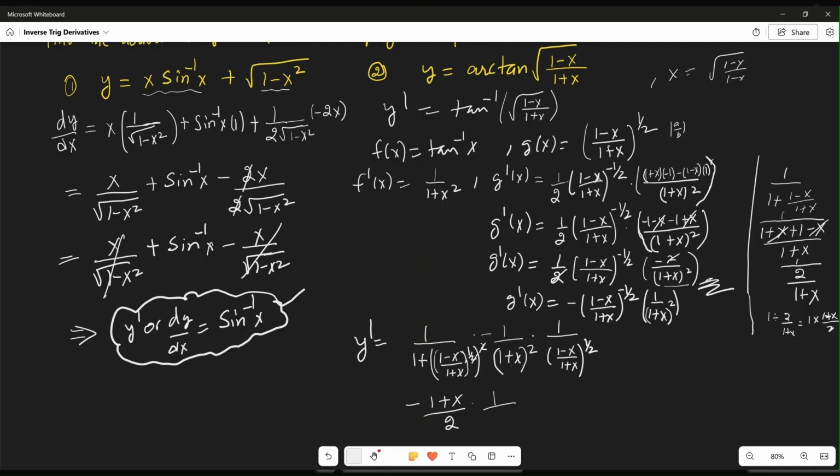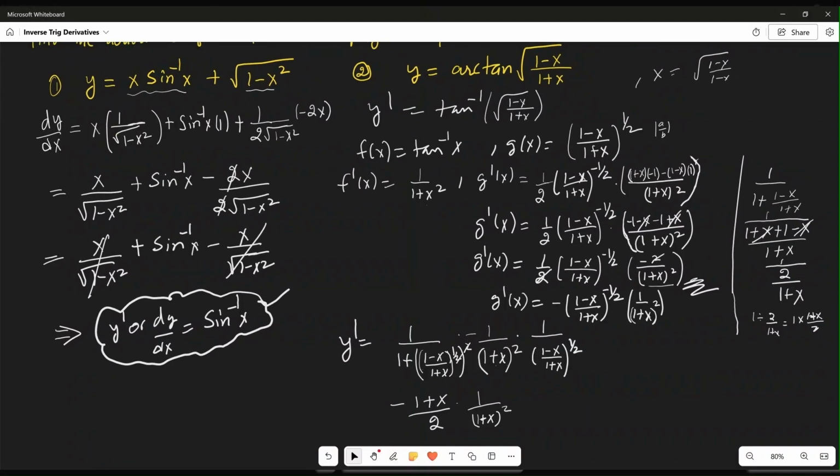What can we do here? How about if we rewrite this expression as this? We split these as 1 minus x square root times 1 plus x negative, right?